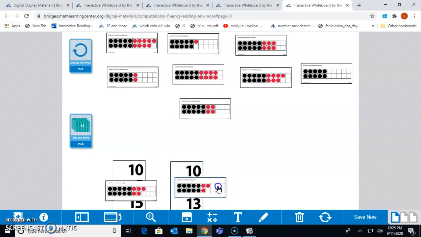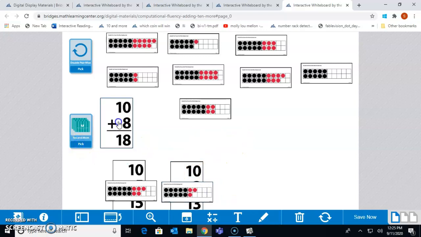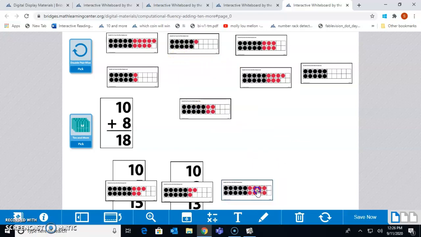Good job. We're getting good. Ooh, 10 and 8. 10 plus 8 equals 18. Do you see one with 10 and 8? Point to it. Oh, did you pick out this one right here? So smart you are. Good job.